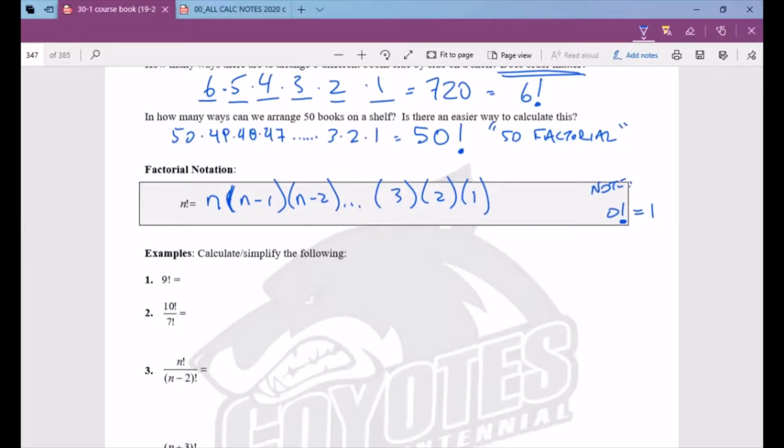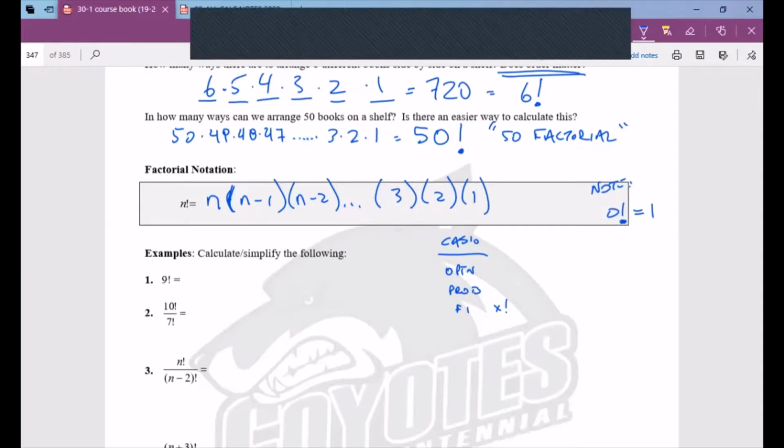We can do this on your calculator. If you have a Casio calculator, you're going to push the button that says Option, OPTN. And then you're going to hit the F key that says probability, PROB. I think it's F1 on all the different models of Casio. And that will give us X factorial.